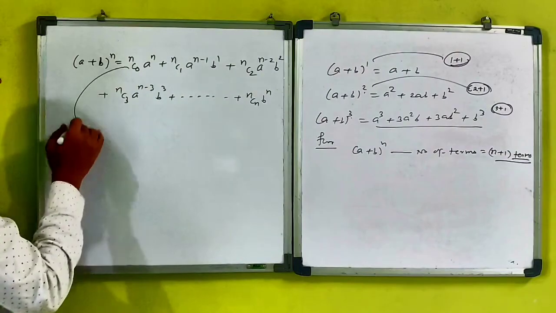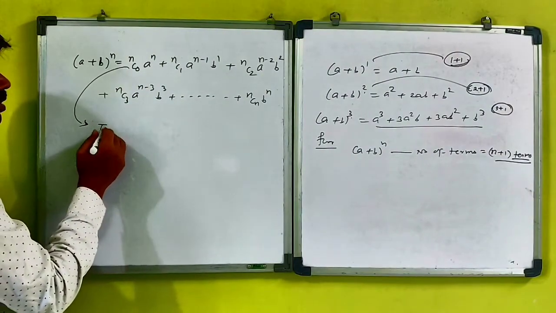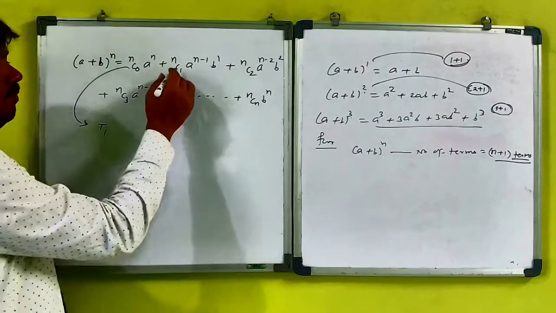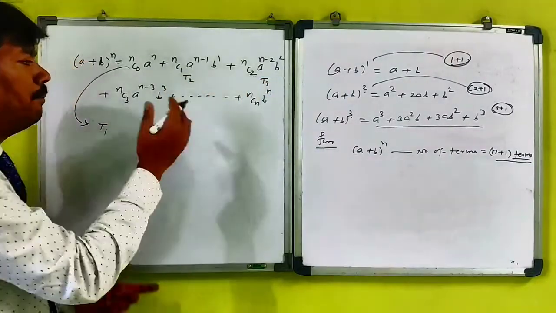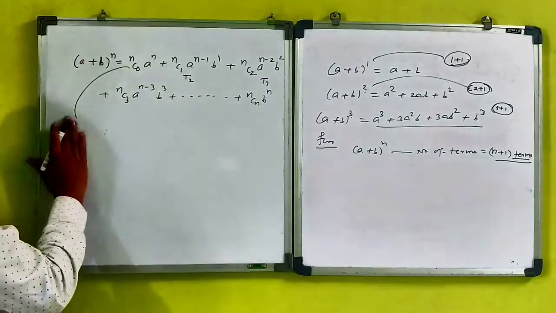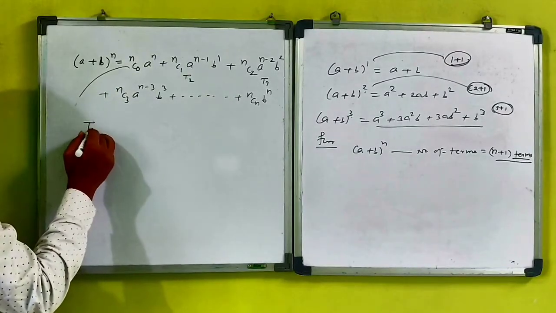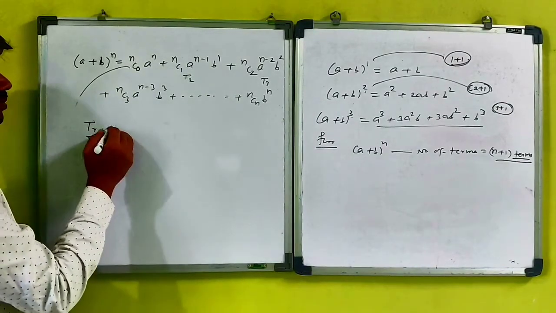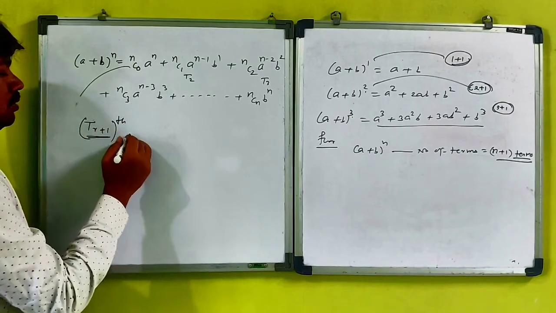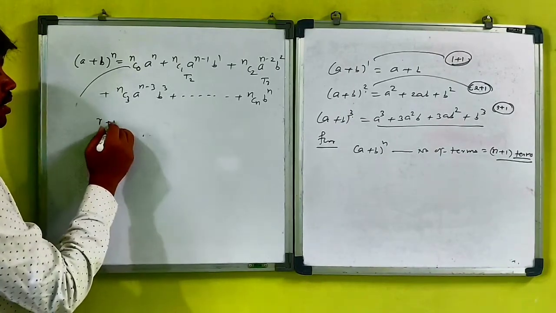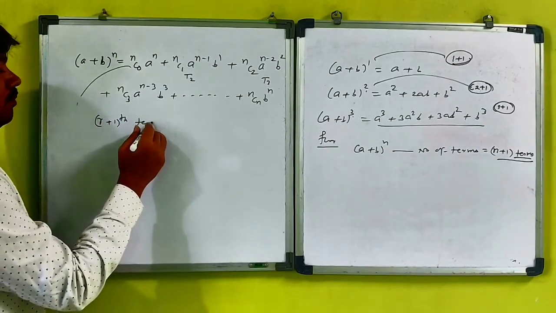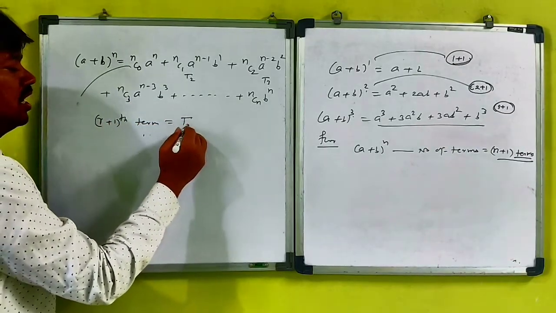Now, this is called the first term, then this is the second term, and this is the third term. So you just compare and tell what will be the T(r plus 1) term, the (r plus 1)th term, called T(r plus 1).